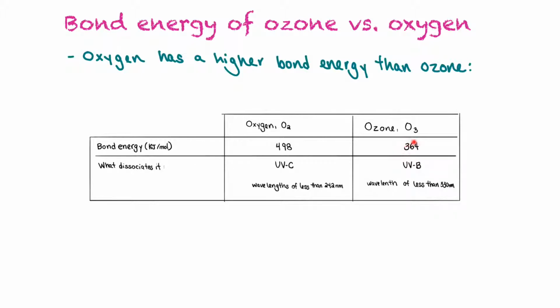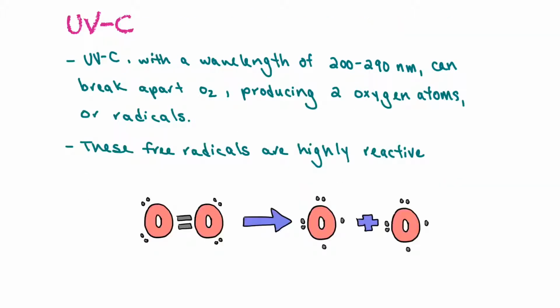And then ozone, with its bond energy of 364 kilojoules per mole, is dissociated by UVB with a wavelength of less than 330 nanometers.